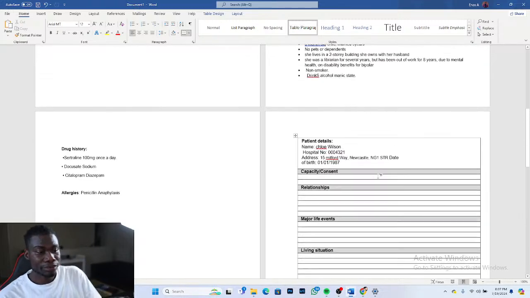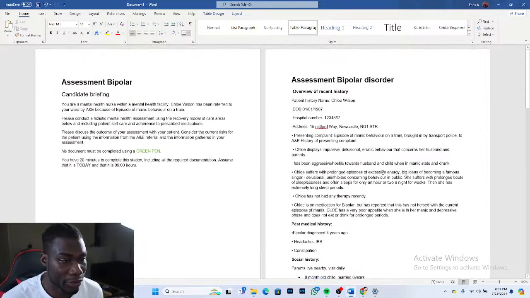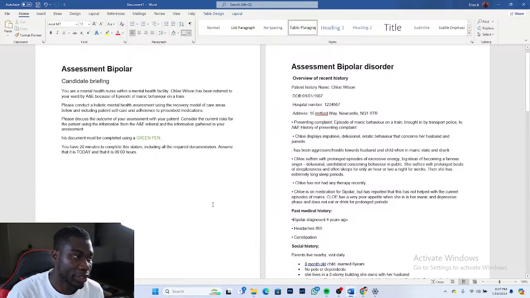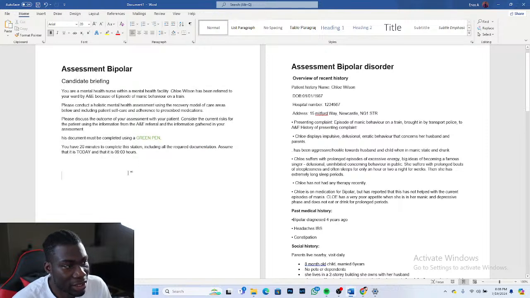So yes, we are going to go through the scenario and see how we will tackle it. As you already know, it's a 20-minute station, and here you are presented with a patient you have to talk to and do your assessment. So let's look at the candidate briefing and how it looks. It gives you an insight into the kind of situation that you are dealing with.